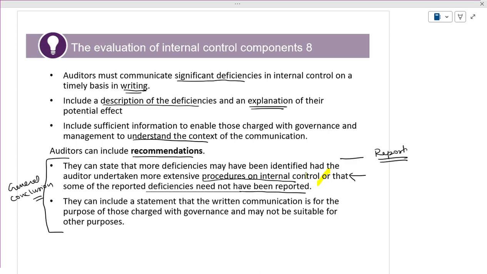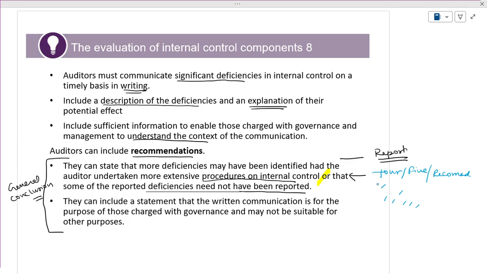Some of the reported deficiencies need not have been reported, which means you are keeping the space open. They will ask you to identify 4 deficiencies, or 5 deficiencies, and to give recommendations. When revising questions, we identify points, 1 to 7.